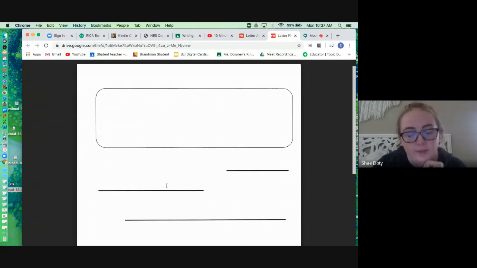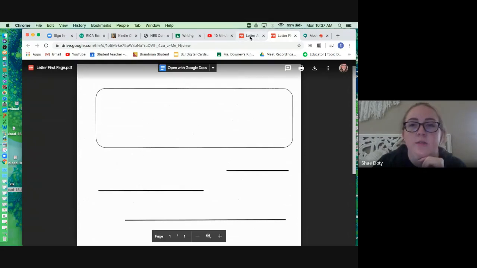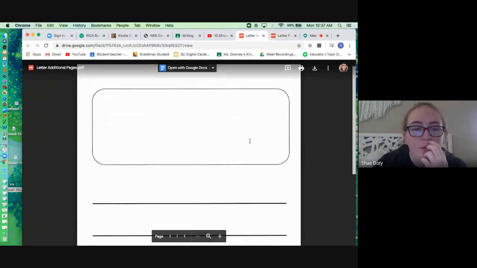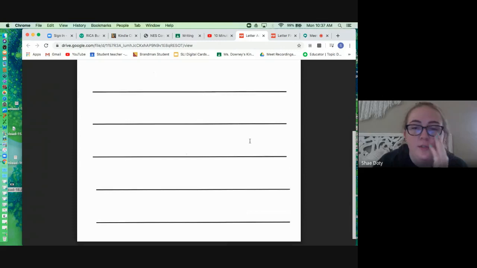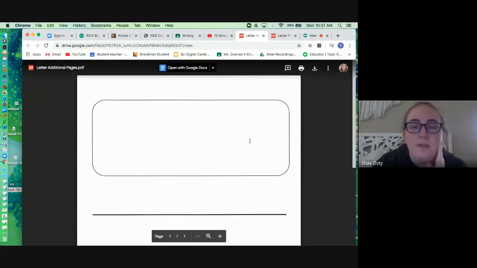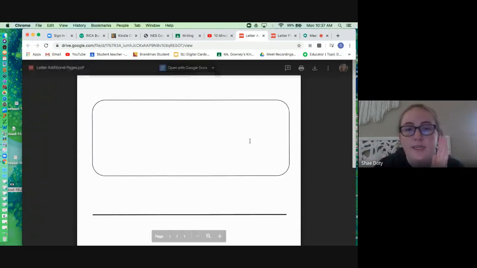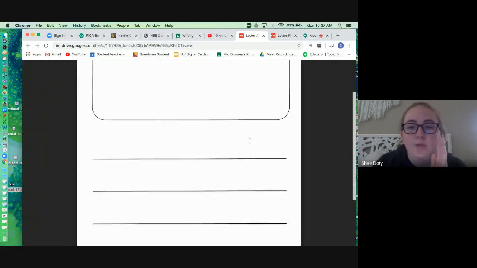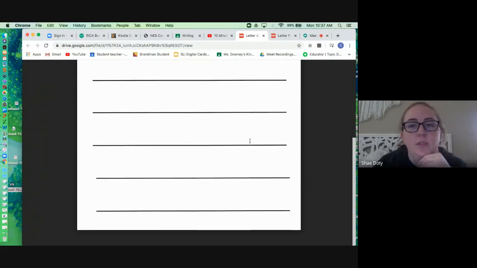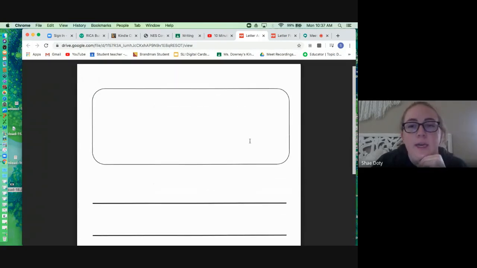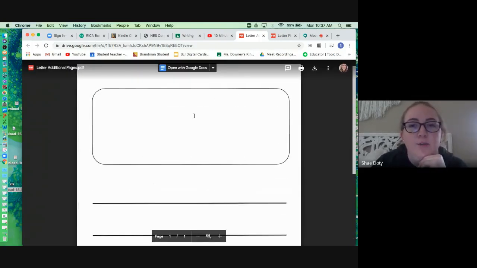Dear, and then whoever you want to write it to. And then this is what the additional pages of our letter could look like. So if you need more space on your letters, you would add this page, and it just continues with the lines for your writing. And then the bubble is still for your pictures. Okay?